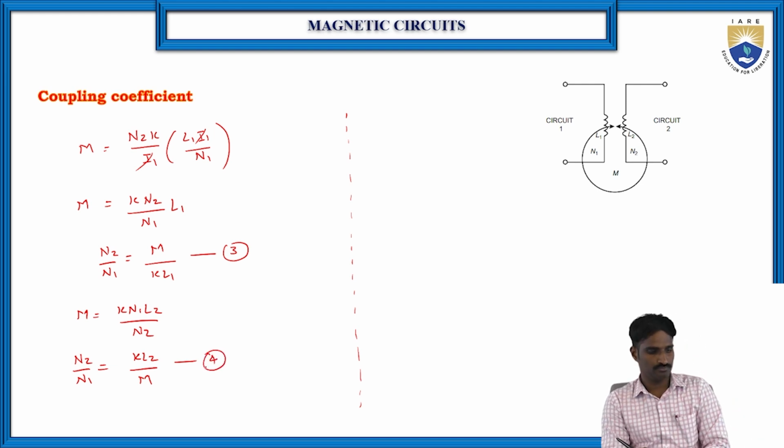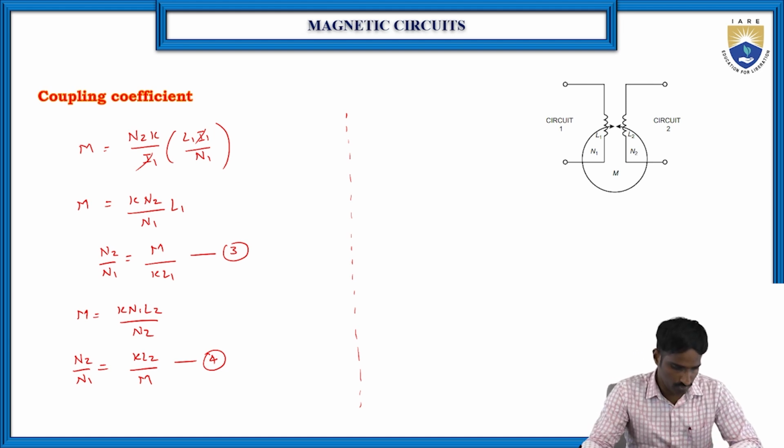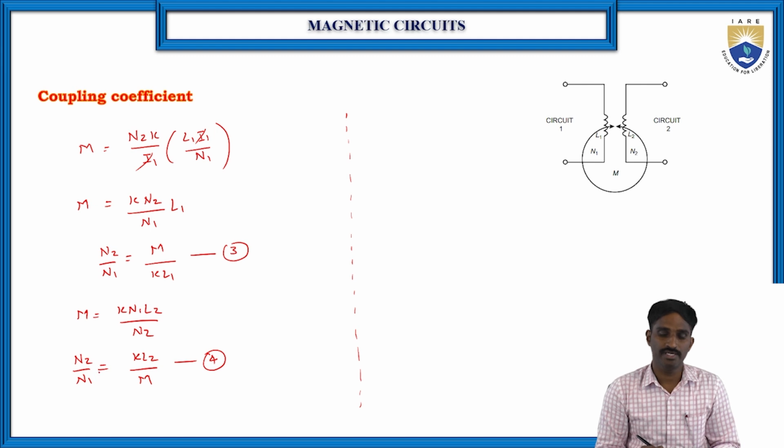4. So from equation numbers 3 and 4, what can we write? Equation number 3 represents N2 by N1 and equation number 4 also represents N2 by N1.